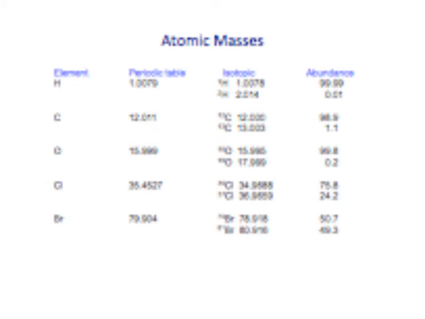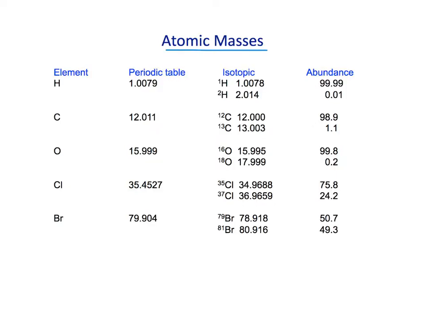Let's look at the different masses of some of these elements and what their isotopes are. For hydrogen, there are some different isotopes. Here's the mass on the periodic table, and that's made up of two different isotopes. We have the proton and the deuteron, so hydrogen and deuterium.